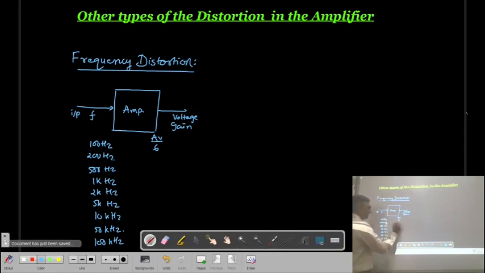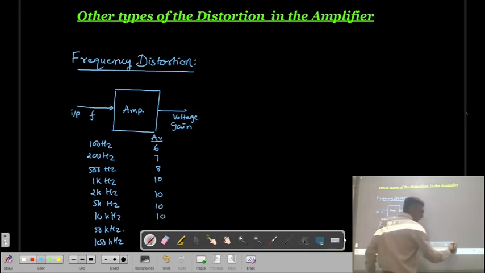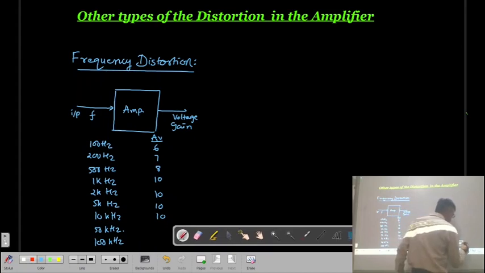Then as the frequency increases, the gain becomes 7, then 8, then 10. Now I am increasing the frequency, but the gain of the amplifier remains constant: for 2 kilohertz, 5 kilohertz, 10 kilohertz, I again find a voltage gain of 10.